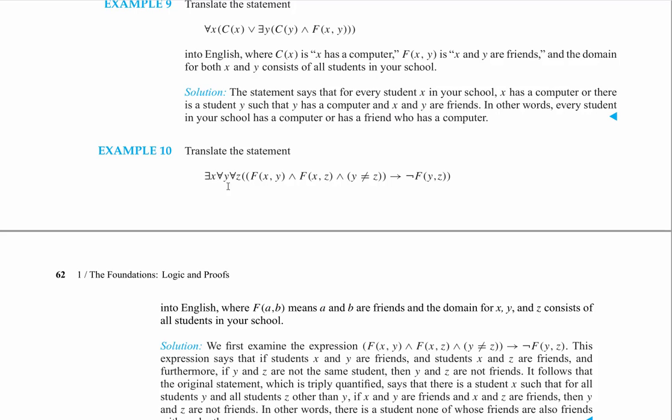All right, so the simplified version is, there is a student in your school who has friends, but all of their friends are not friends with each other.